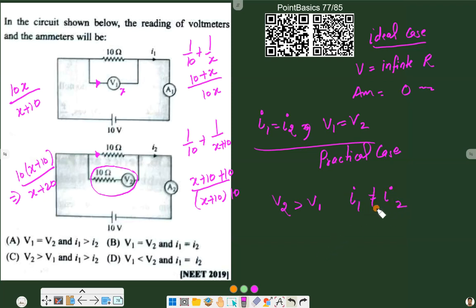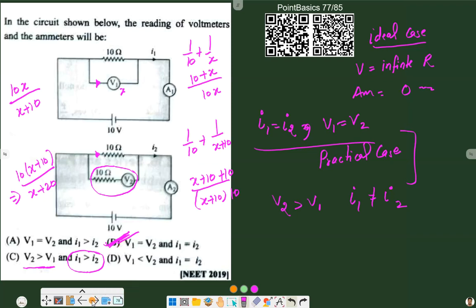We don't know which one will be higher and which one will be smaller, but we can say they are not equal. And if we compare these two cases with the available options, we get that for the ideal case our answer matches option B, and for the practical case we get V2 greater than V1, but about this part we are not sure whether it will happen or not. So we will go with option B.